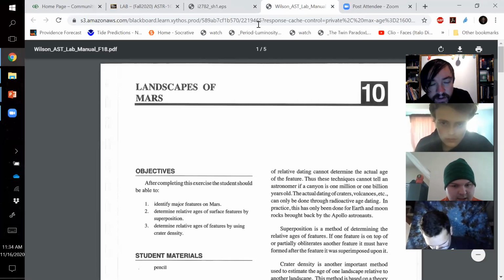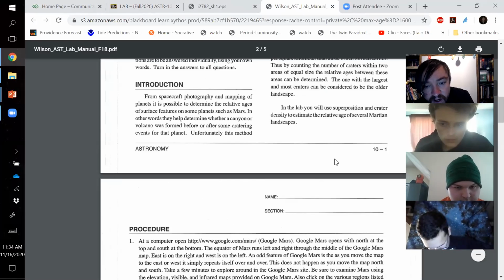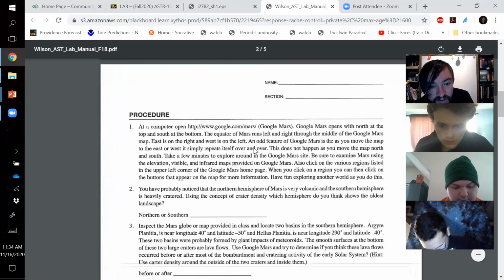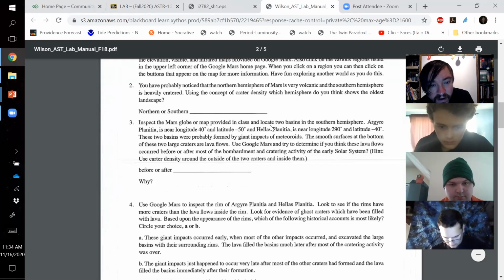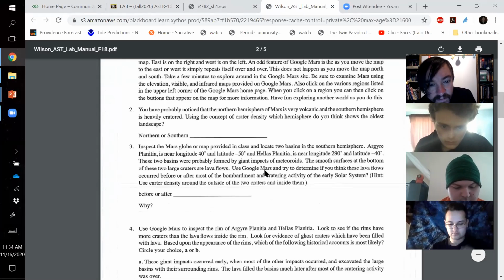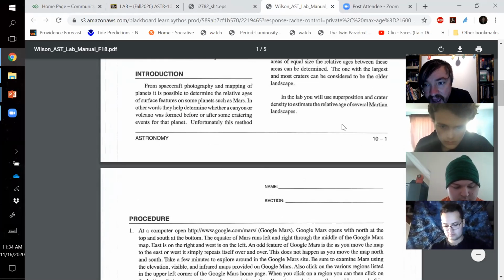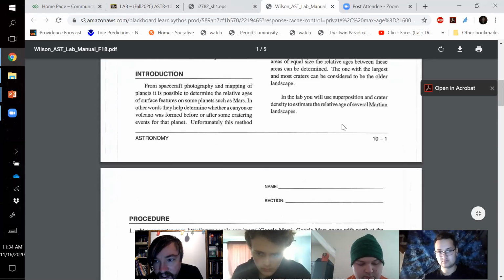Today's lab is sort of an exploration of Mars, where we're going to be asked a bunch of questions to probe our understanding of planetary geology. Since most of our answers are going to be in the form of 1 or 2 word short sentences, I'm going to just use the editor here.